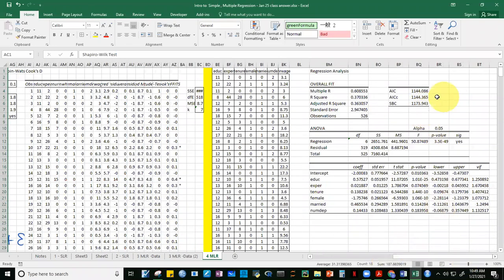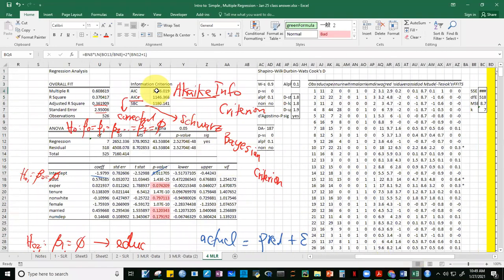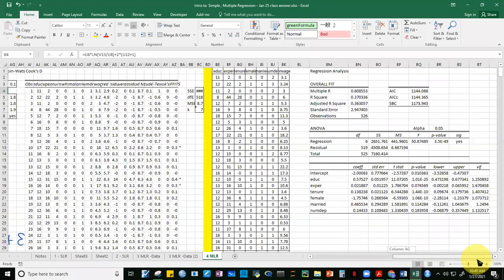Also, Akaiki, guys, 1144. Ito, 1146. So based on that, sino mas maganda? Si Model 3 o si Model 2? Si Model 3. By virtue of having a lower Akaiki information criterion and also a higher adjusted R-squared.